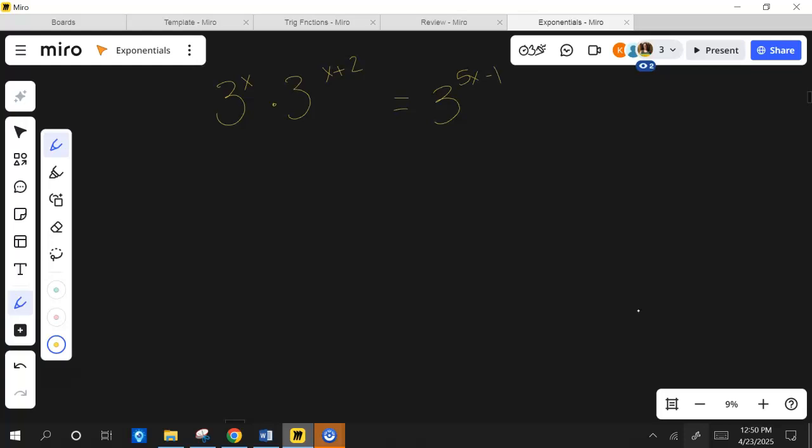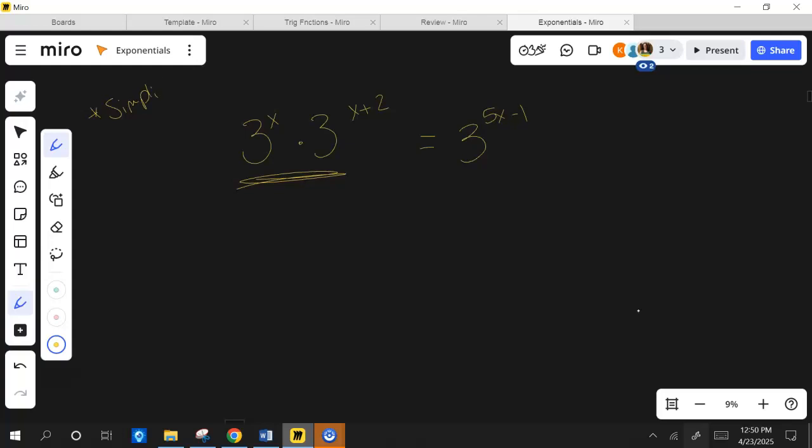This is a problem, because I've only talked about if it's something equals something, but there's more than one something over here, right? So here's what you're going to do. We want to simplify each side first. So I'm going to have to think back to my exponent properties.